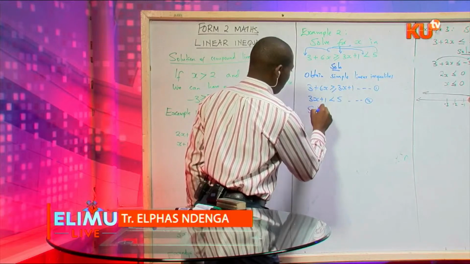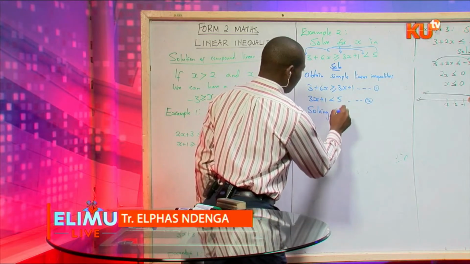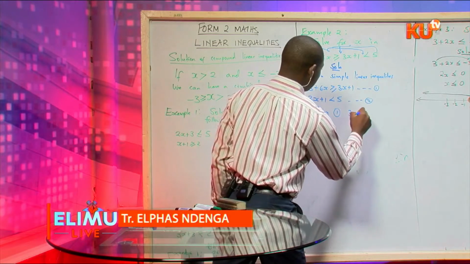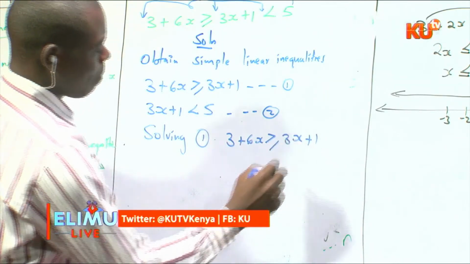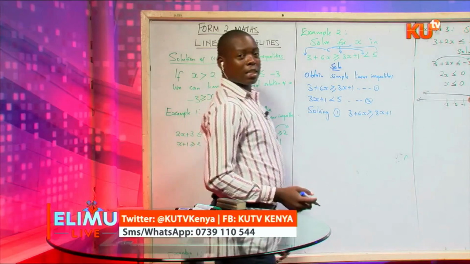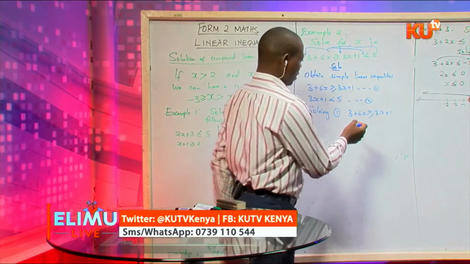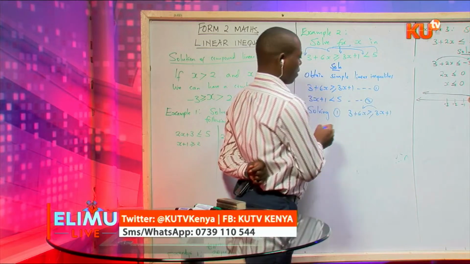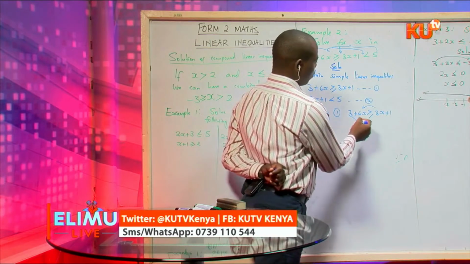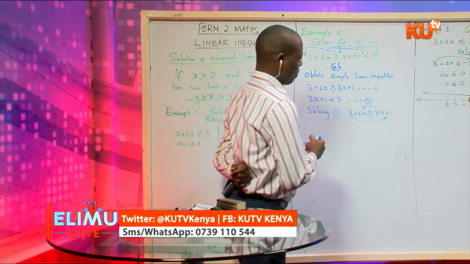So when you solve one, we have 3 plus 6x greater than or equal to 3x plus 1. We'll again collect like terms. So let's see our like terms. This is 3x to this side, and then 3 to the right hand side.